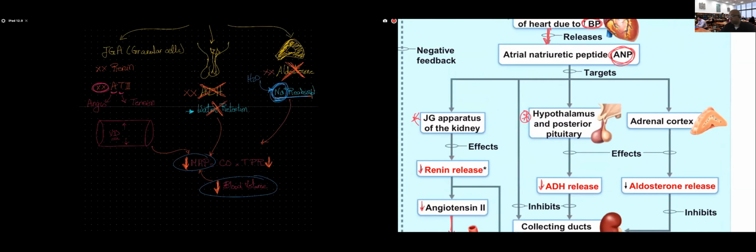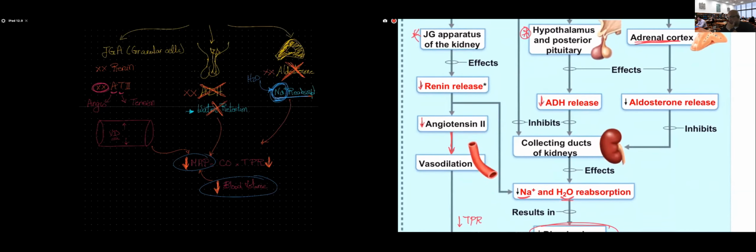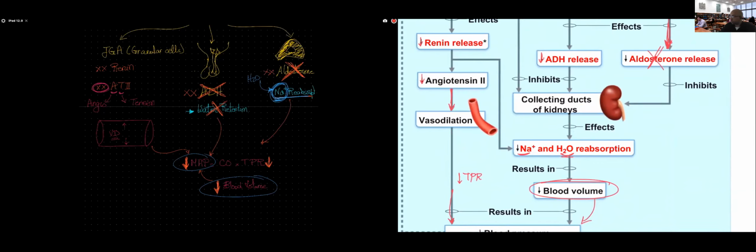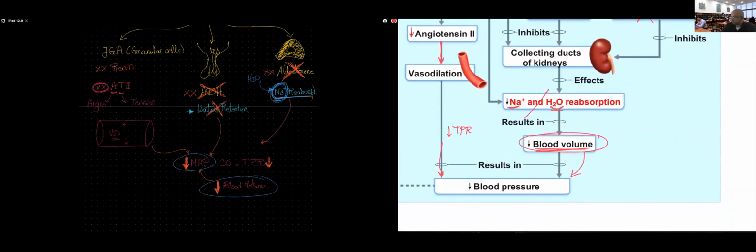The third target organ for ANP will be the adrenal cortex. Now remember, once atrial natriuretic peptide reaches the adrenal cortex, it is going to be inhibiting the release of aldosterone, which normally is responsible to reabsorb the sodium. So if I don't have it, I will not be reabsorbing the sodium and water, and this water is going to be lost out in the urine. This is going to cause a drop in my blood volume and so my blood pressure.